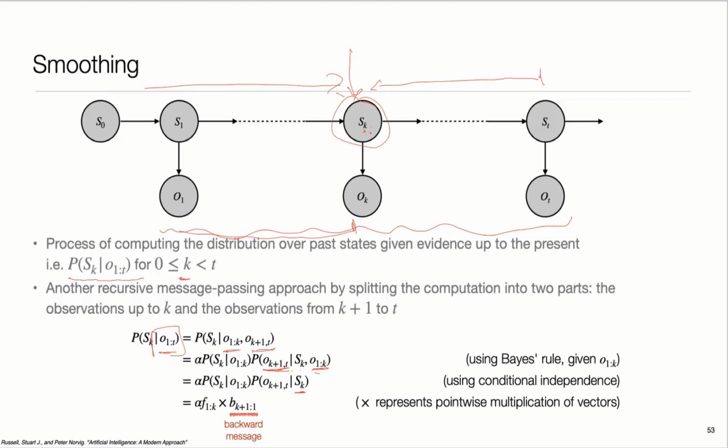So this term disappears, and then finally this term is really our forward message from before, and we call this other term, that is, the probability of observations k plus 1 onward given Sk, the backward message. What is happening is that these F and B are really vectors, and there is a pointwise multiplication out here. So that's the structure.